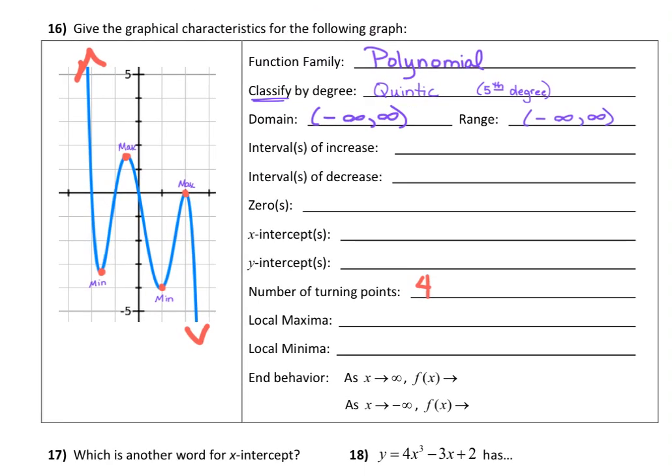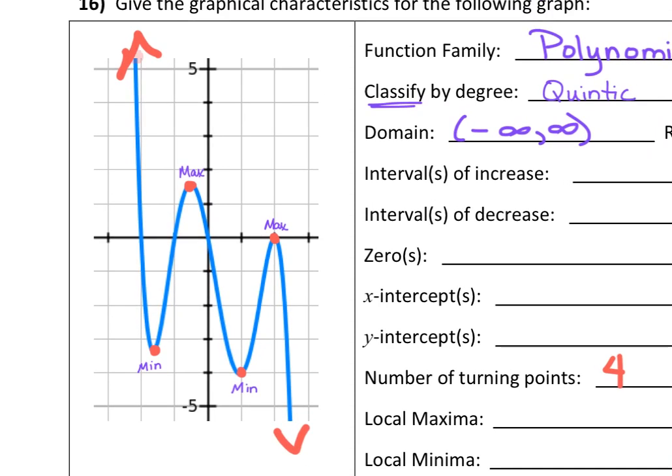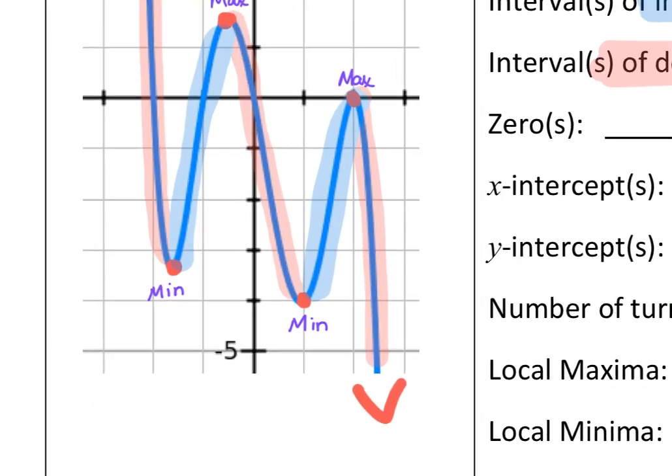Now your increase and decrease is where it gets a little bit crazy. So I see 3 places where it decreases, and I'm highlighting those red. And then I see 2 places where it increases, and I'm highlighting those blue. And remember that increase and decrease you want to give in terms of x values.